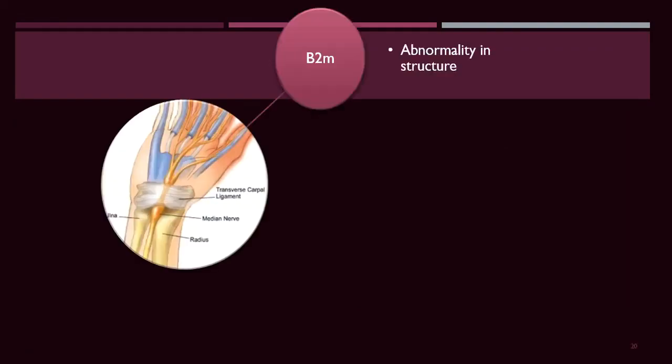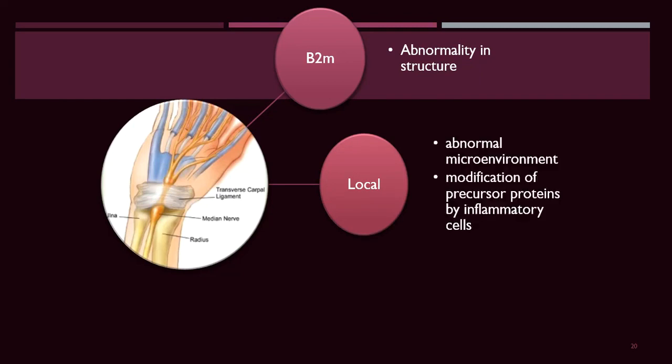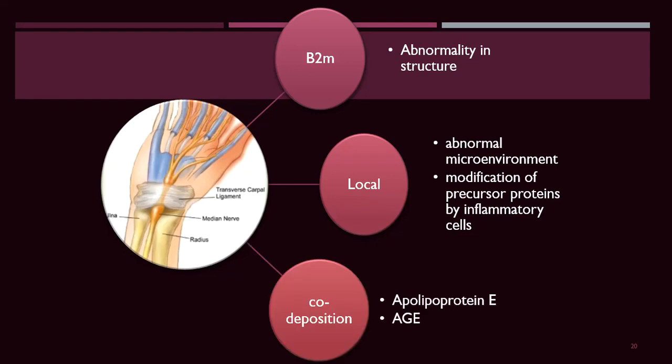Beta-2 microglobulin abnormality in structure, advanced glycation end-product co-deposition, local deposition. Whenever there is an abnormal microenvironment of inflammation, such inflammation can make modifications of proteins by inflammatory cells, with co-deposition, mainly with advanced glycation end-products.